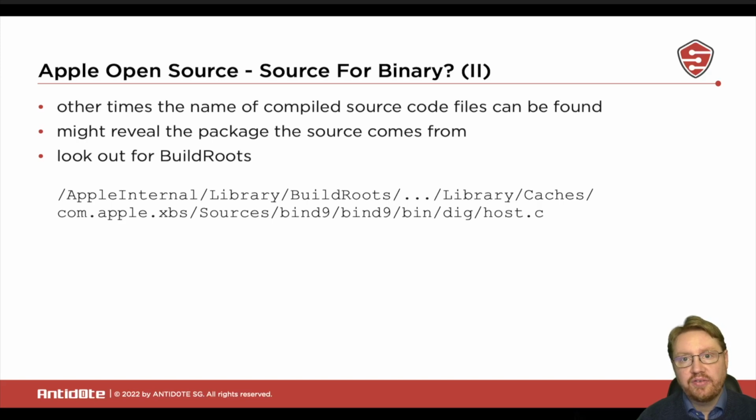This is the kind of string you would find in the binary, which will reveal to you that this is apparently the open source bind9 code. Now you can look on the Apple server if they have this, and if they do, it's likely a modified version, and if they don't, then it's maybe the original bind9 source code that you can get from anywhere on the internet.